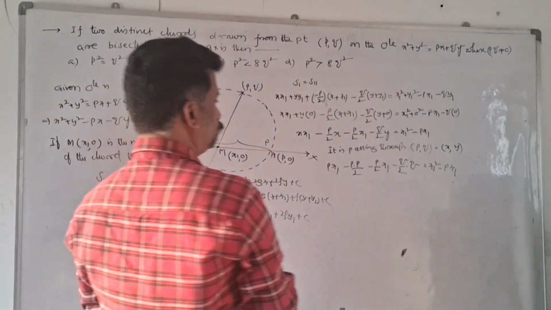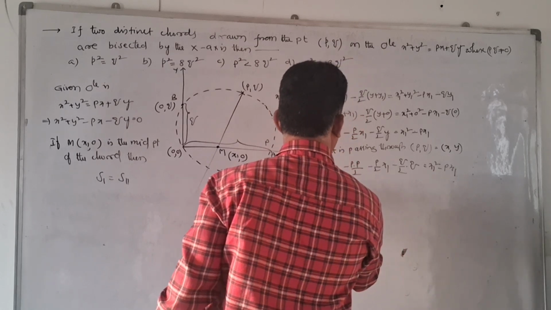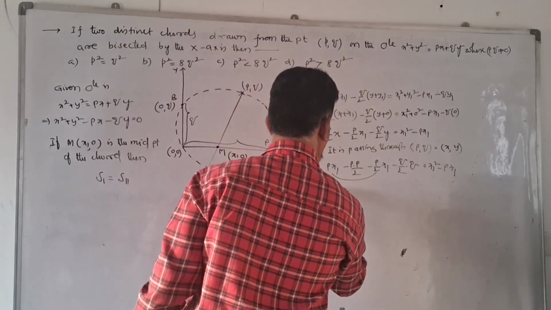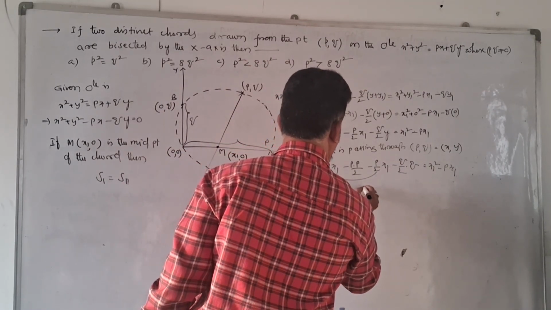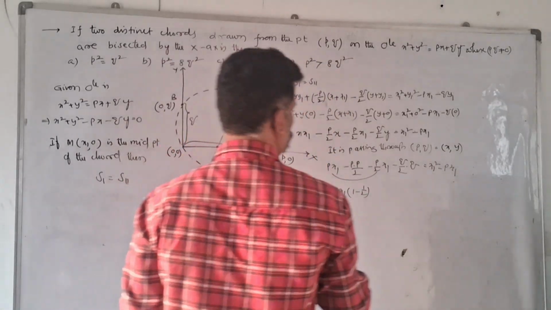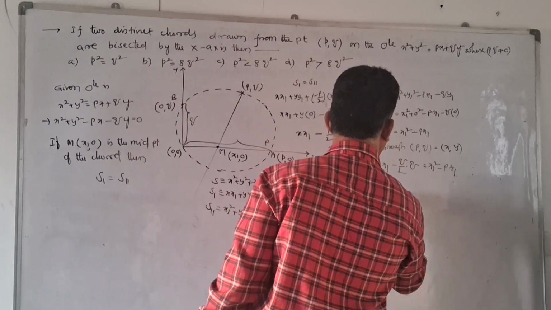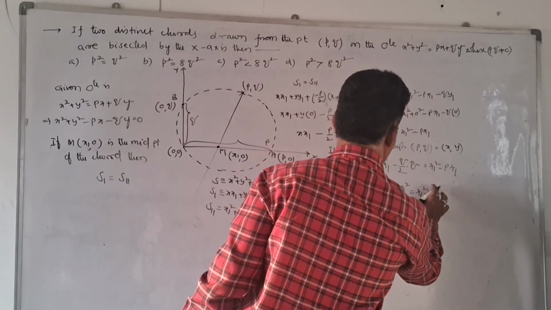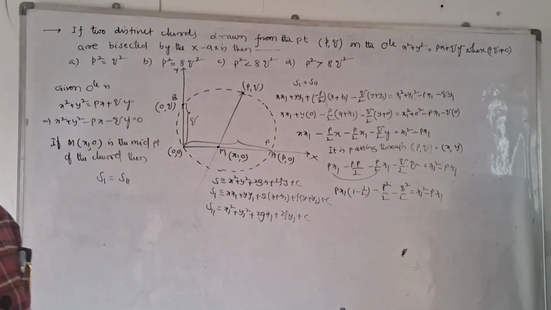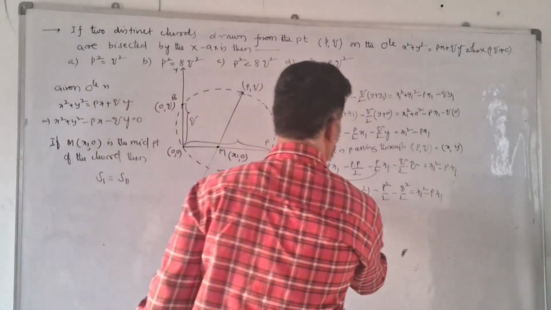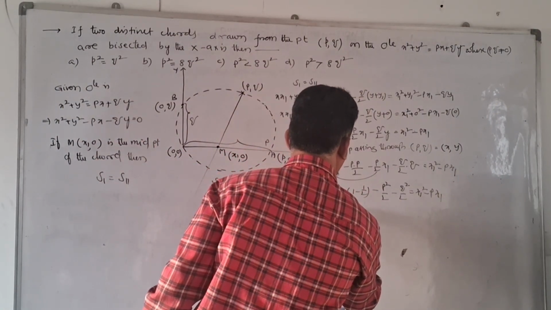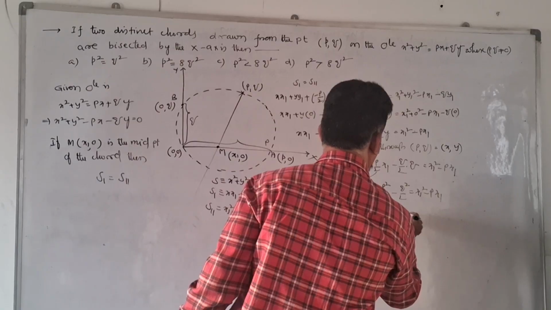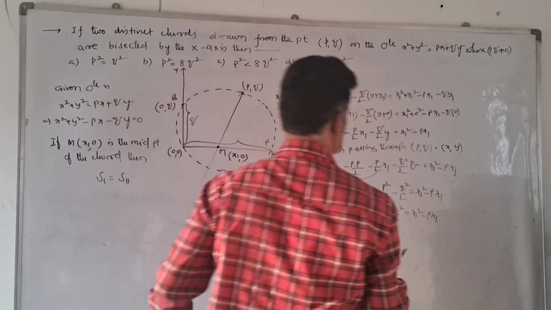Okay guys, now this implies, now look at this, px1 common is 1 minus 1 by 2. Now p square by 2 minus q square by 2 is equal to x1 square minus px1. Now 1 minus 1 by 2 means 1 by 2, so 1 by 2 p into x1 minus p square by 2 minus q square by 2 is equal to x1 square minus px1.